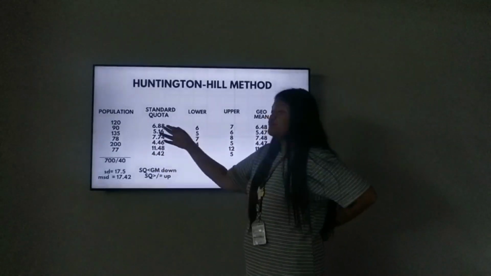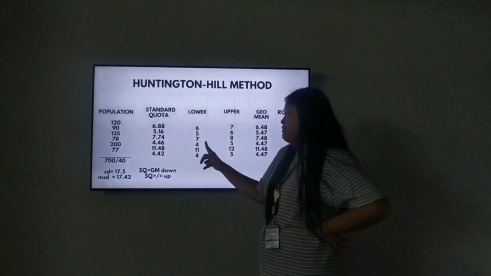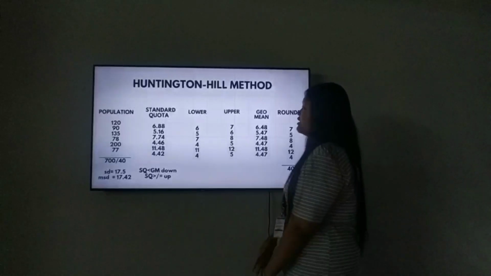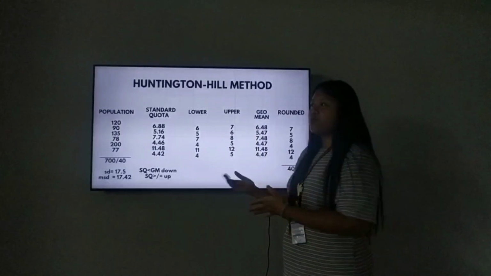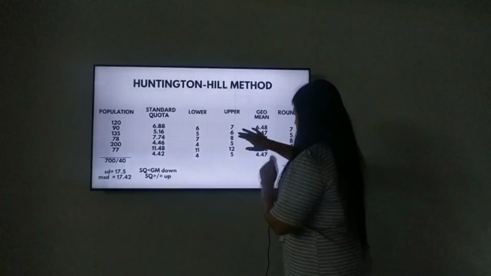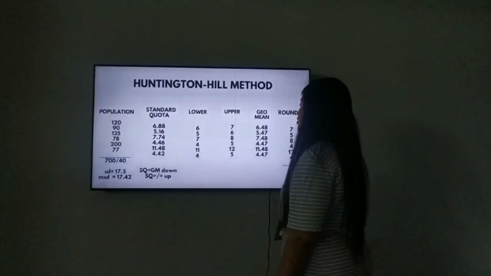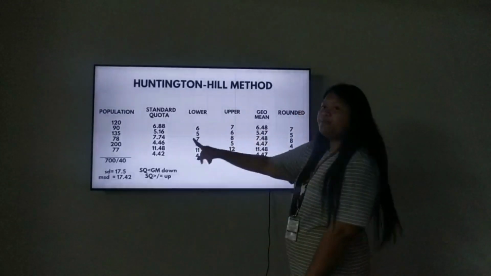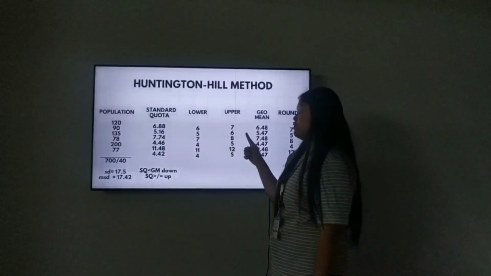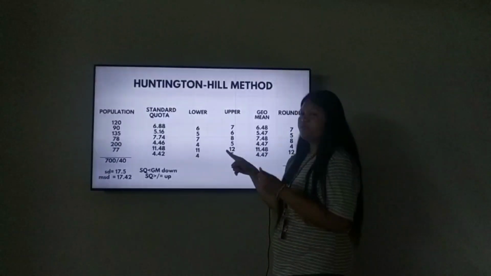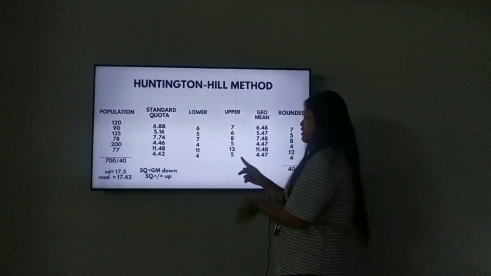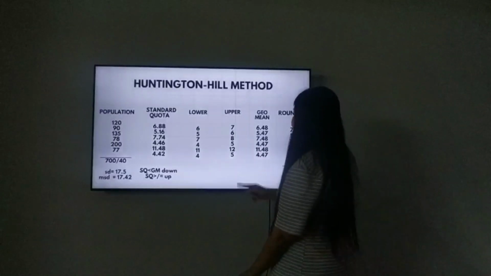So 6.88 to 6, 5, 7, 4, 11, and 4. For the upper quota, we add 1 to each lower quota. So 6 plus 1 equals 7, 5 plus 1 is 6, 7 plus 1 equals 8, 4 plus 1 equals 5, 11 plus 1 equals 12, and 4 plus 1 equals 5.